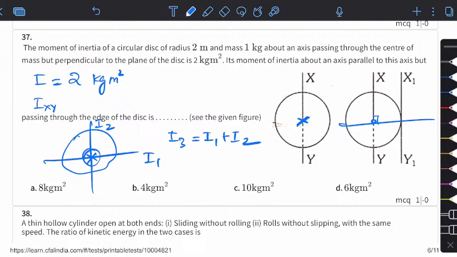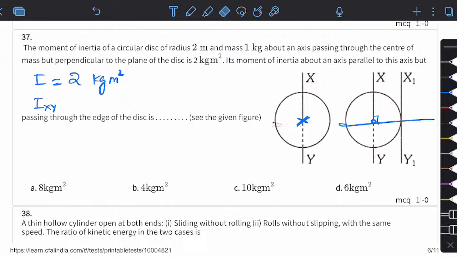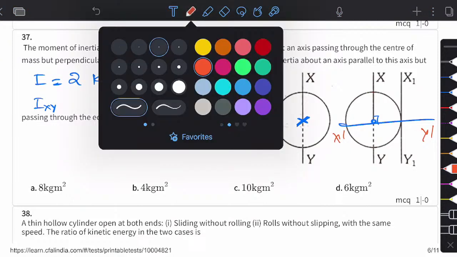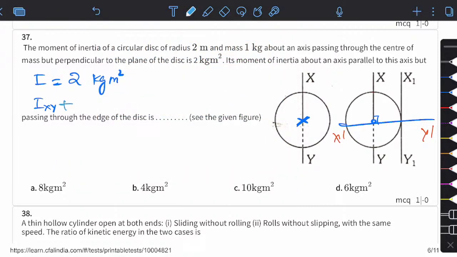So using that here, I can argue that Ixy plus the other axis, which I'll call x prime y prime, Ixy plus Ix'y' must be 2. I hope it's clear. This axis plus this axis, the moment of inertia is 2.